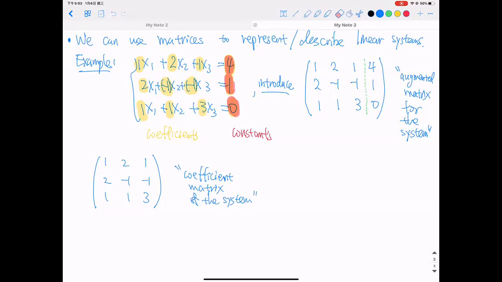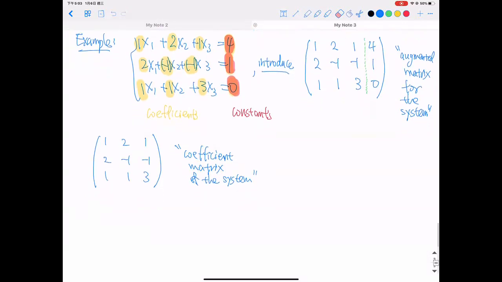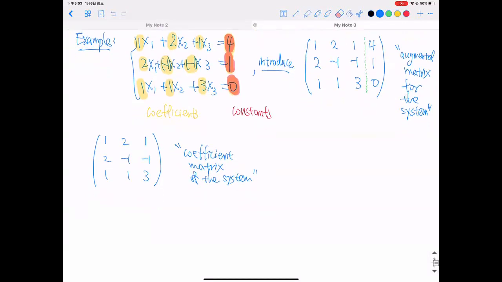Now you can see how things should work in general.